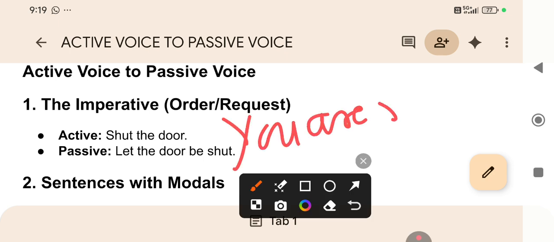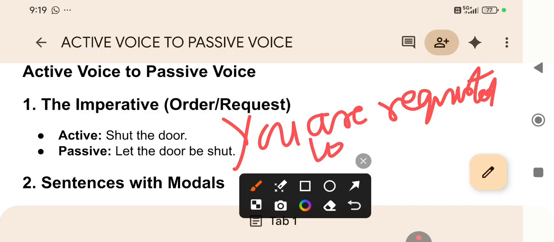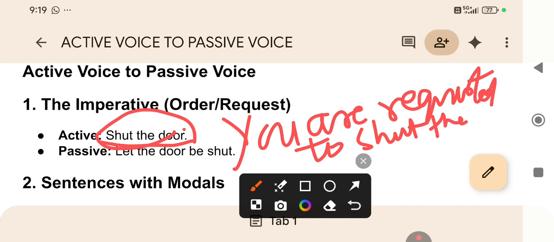When a sentence starts with please or kindly, like kindly shut the door or please shut the door, the passive voice of such a sentence will be you are requested to, and the same word order will be repeated. You are requested to shut the door.